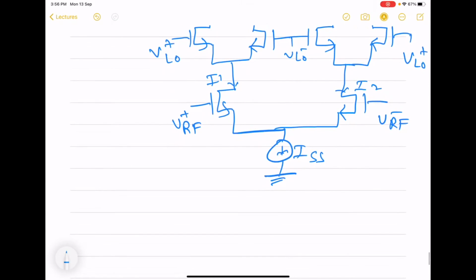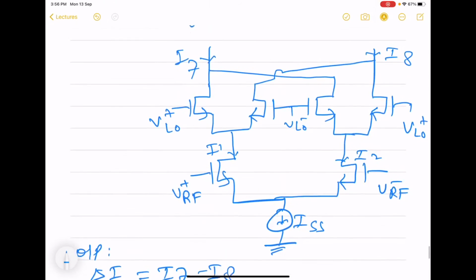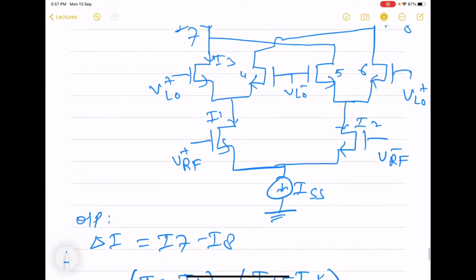So we now have delta I, which is the output quantity, I7 minus I8, and this will turn out to be I3 minus I4 minus I6 minus I5, where this is 3, this is 4, this is 5, and this is 6. So these are the various currents.